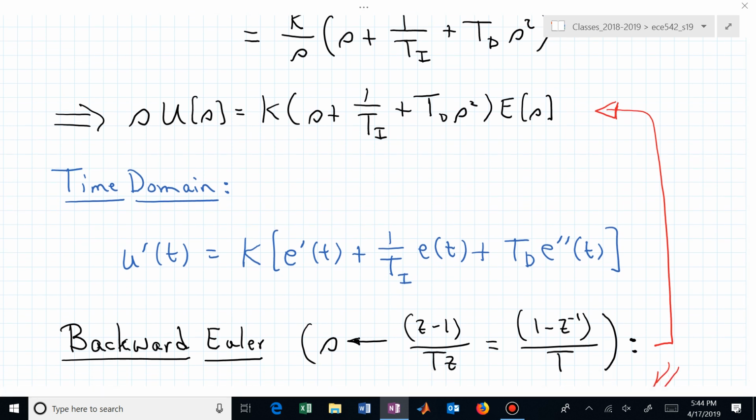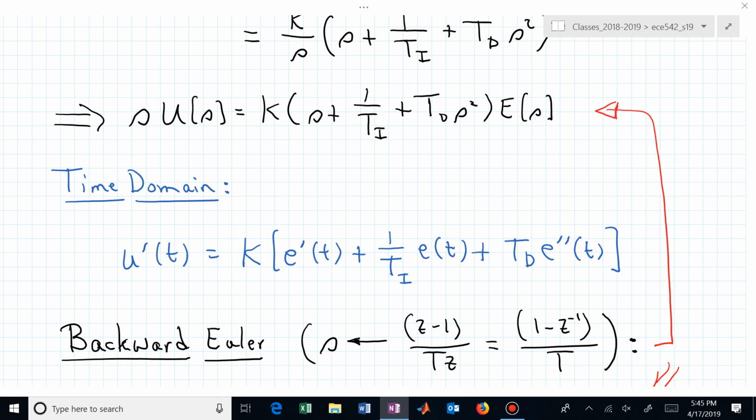To go from S to Z, let's just use a discrete equivalent with numerical integration strategies of the backward Euler. Let's now replace everywhere we have an S in that top equation. I just gave you the time domain so you could see what you're doing in the time domain for the analog version.